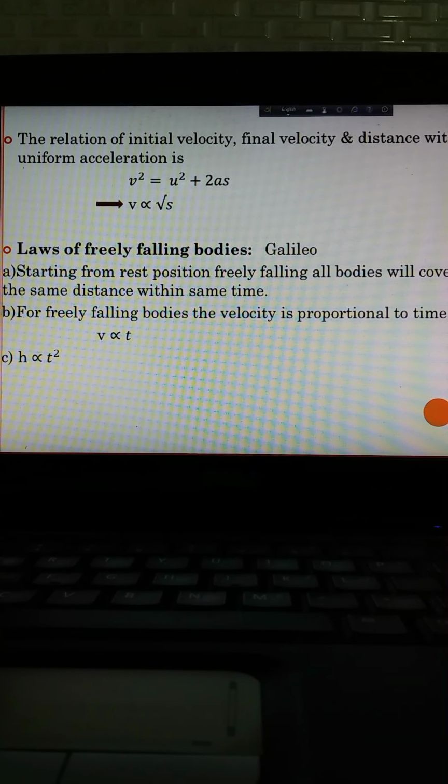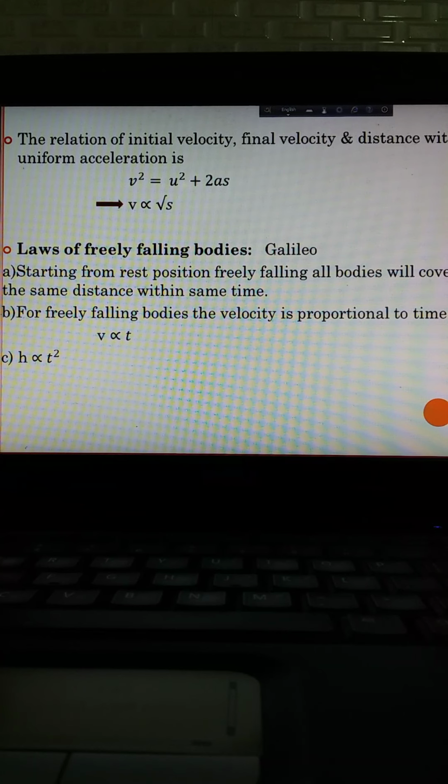The third law is, for freely falling bodies, the height covered by the object is proportional to the square of the time. All the bodies that are fallen freely, the total height they cover will be proportional to square of time. So these are the laws of freely falling bodies.